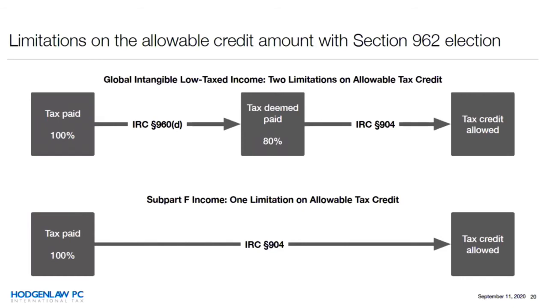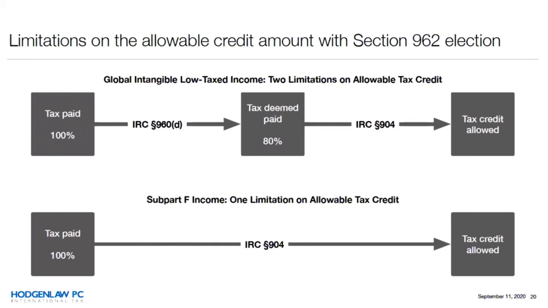So if you remember, the basic concept of the foreign tax credit is there's a limitation, and this is Section 904 of the code, and it says the most foreign tax credit you can take is either what you paid on that income for U.S. tax purposes or what you paid in real life to the foreign country. And you never take more than the amount that you paid to the U.S. on that same income.